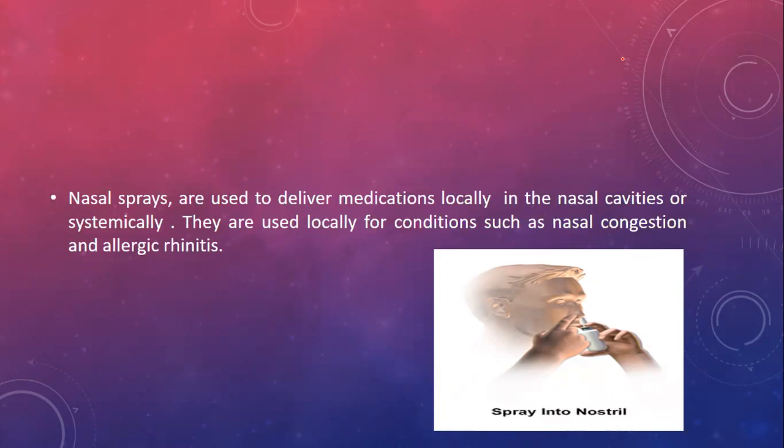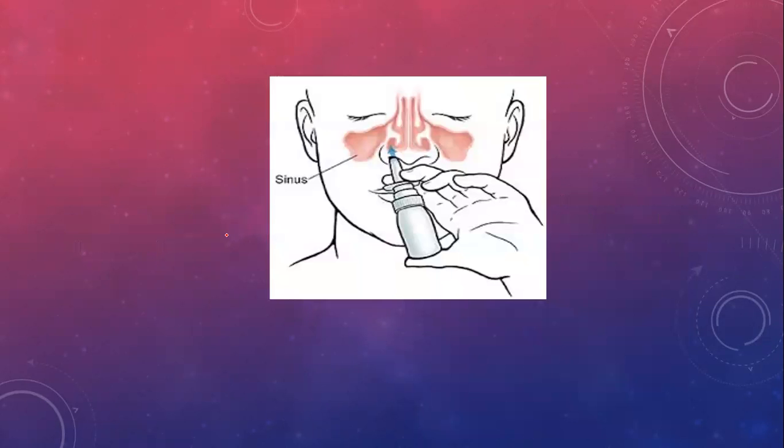They are used locally for conditions such as nasal congestion and allergic rhinitis. These are the primary indications for using nasal sprays, to relieve discomfort from nasal congestion as well as allergic rhinitis. Rhinitis means inflammation of the nasal mucosa.